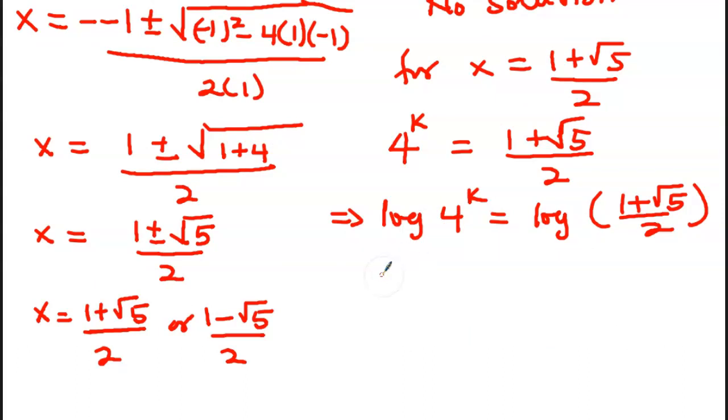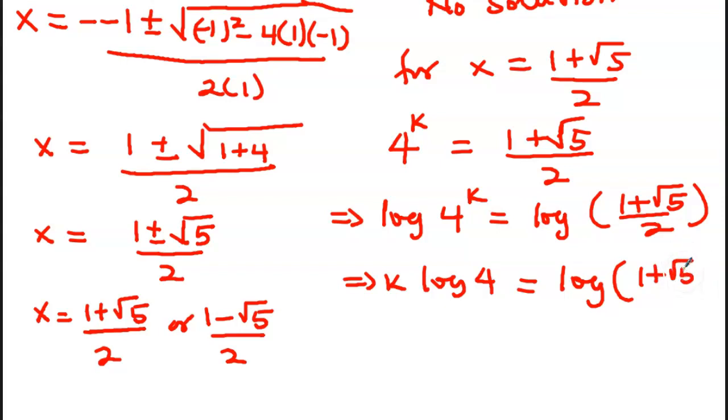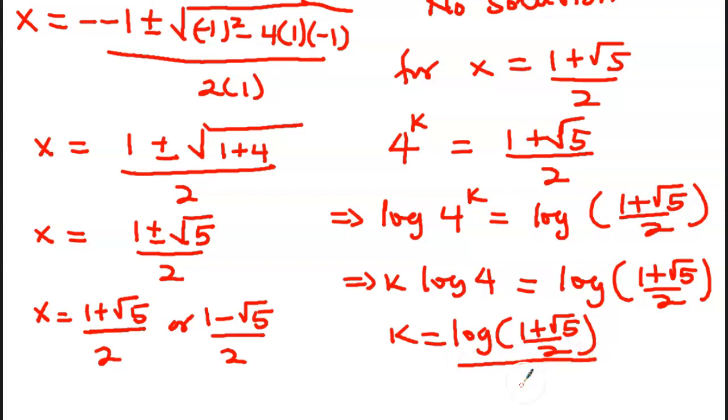So if you want to find k, our k is equal to log of 1 plus root 5 on 2, all divided by log 4.